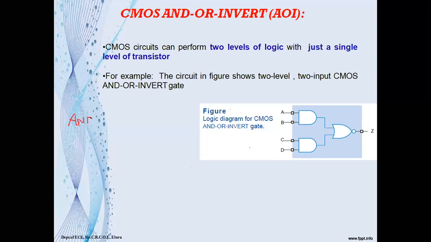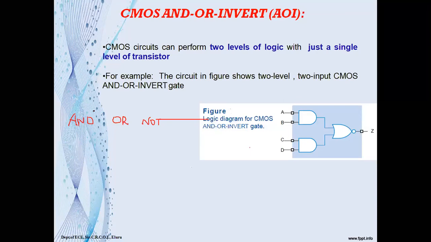So the first stage consists of the AND gates, and the second stage consists of the OR gates, and at the final stage, it consists of the NOT gate. So the AND-OR-inverter is a two-level logic gate.